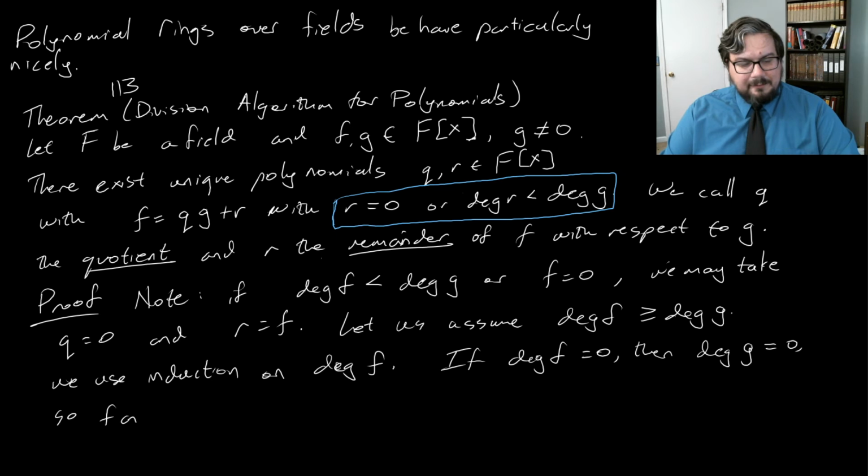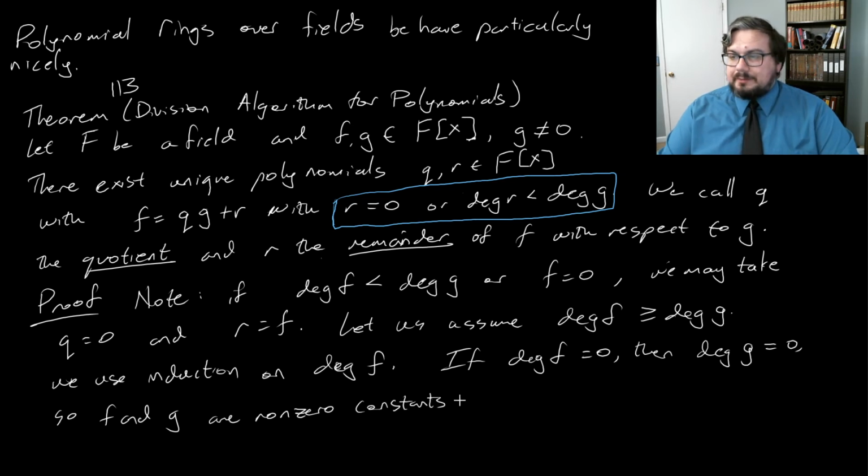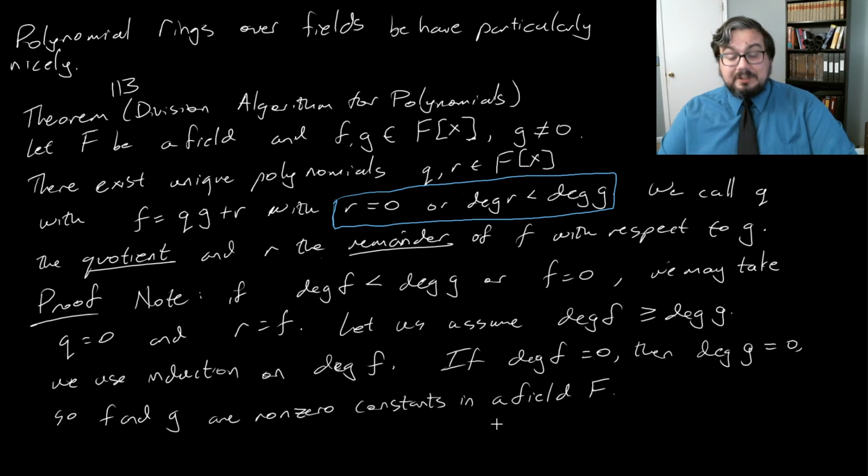And so F and G are non-zero constants in a field F. Here we're thinking about F as being a subring of the polynomial ring F adjoin x.